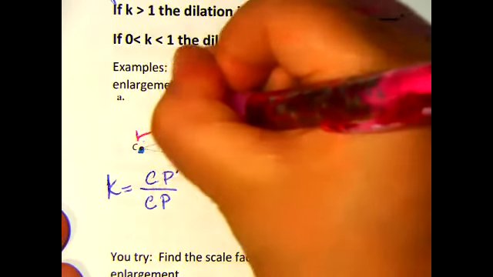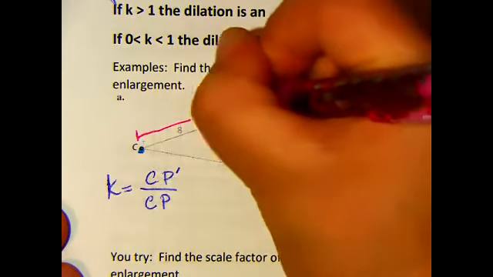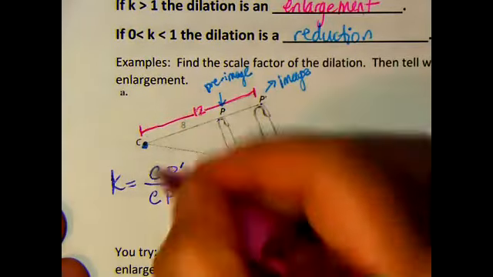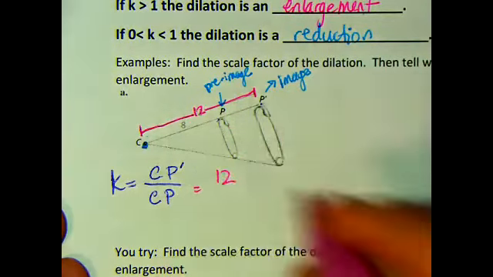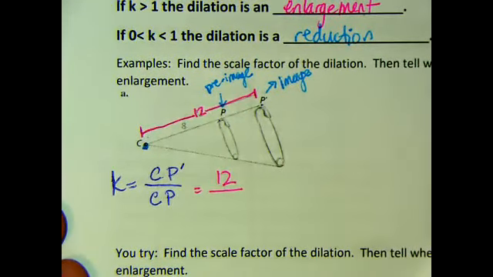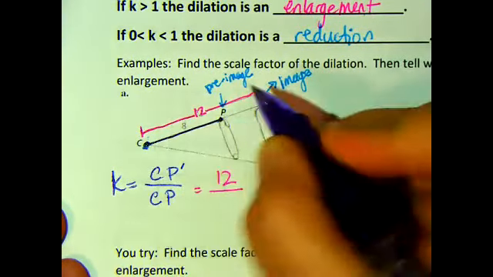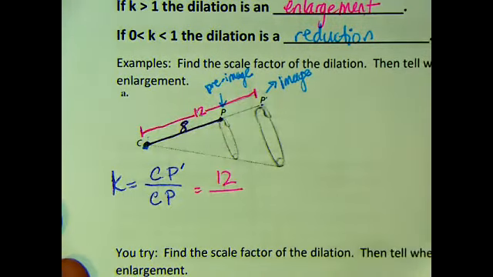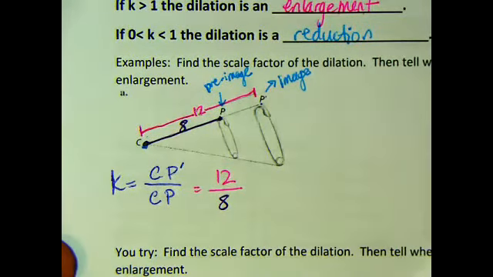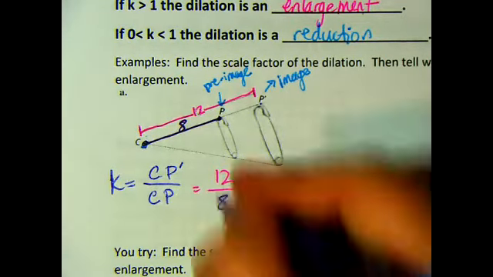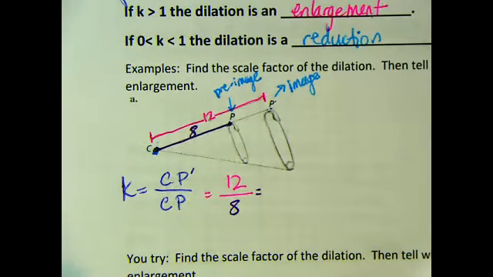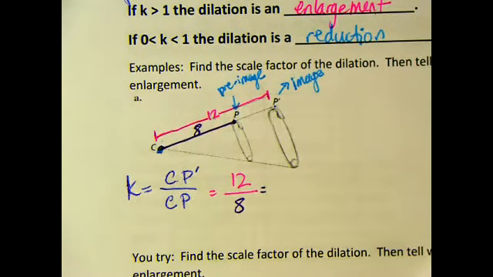C to P prime is given to us as 12, and the distance between C and P is given as 8. So that's going to be 12 over 8. We can simplify that and leave it as a fraction, or as a decimal, whatever it ends up being. So 12 divided by 8 here.